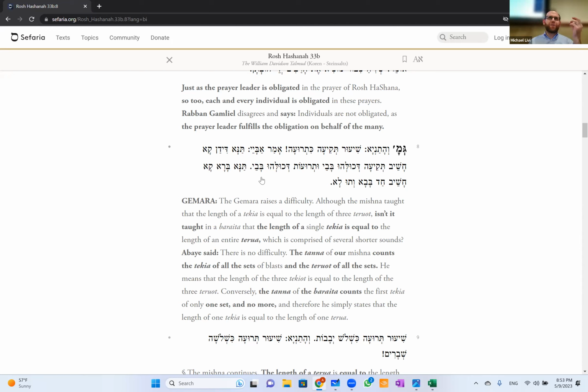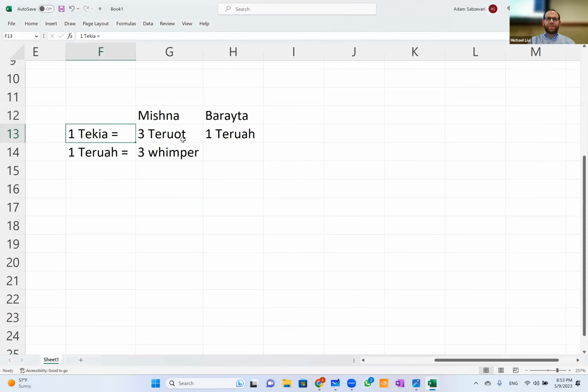So when it says 1 Tekiah is equal to 3 Teruot, what it's really saying is the intro Tekiah is equal to the middle. All 3 of those Teruot, the intro Tekiah, all 3 of them, is equal to what's in the middle, the Teruah. The Gemara is trying to make it the same thing.